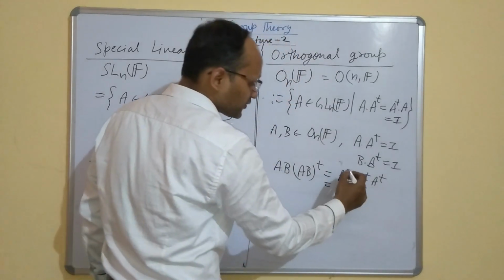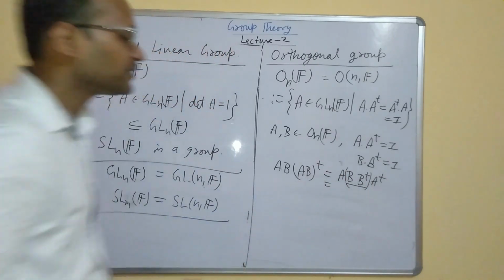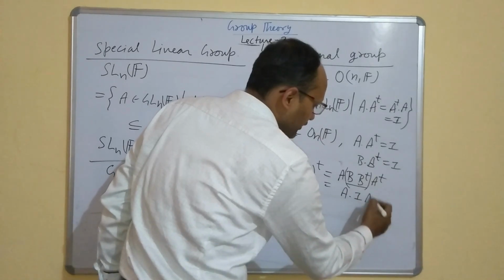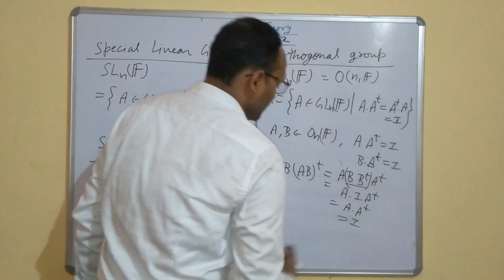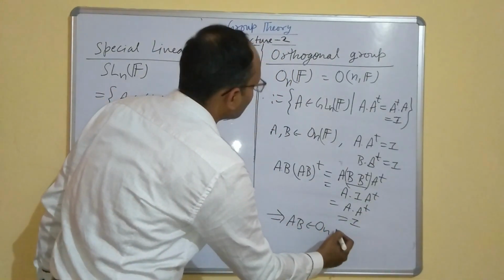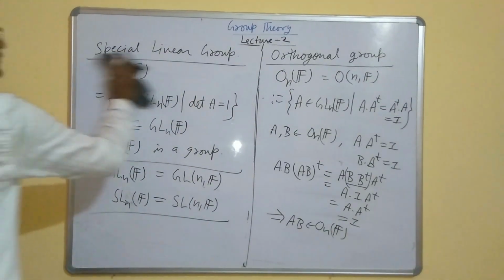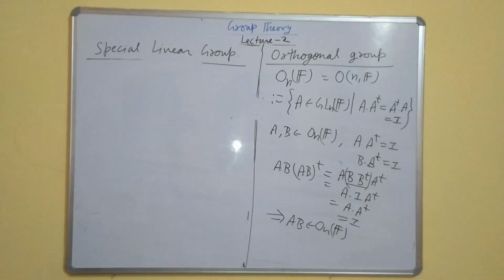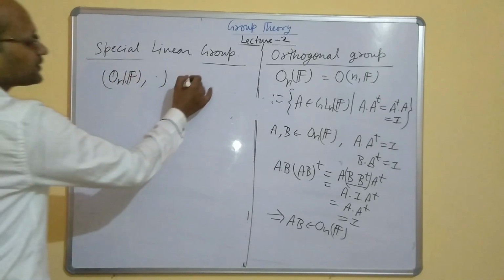And matrix multiplication is associative, so we can first take the product of these two matrices. B into B transpose is identity, you know. So we can write A into identity into A transpose, and now this is again A into A transpose, so it is identity. So it means AB also belongs to OnF. So matrix multiplication is a binary operation on OnF. So OnF with respect to multiplication of matrices is a groupoid.